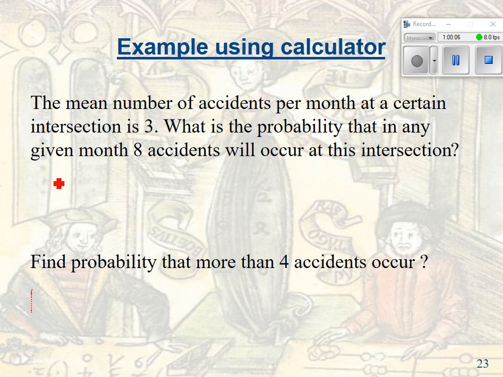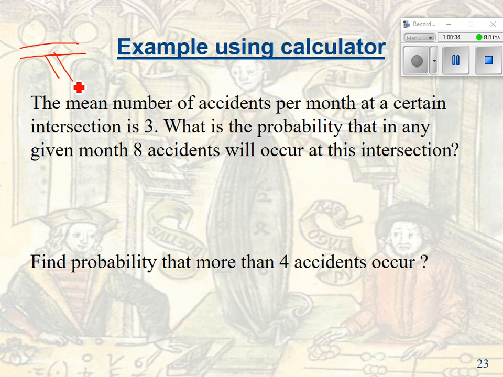Mean number of accidents per month at a certain intersection is 3. These are actual numbers from Trumbull County that I got for 35 in Gettysburg out there. So where's E? If you use the formula, E is right next to the 4, to the left of the 4.